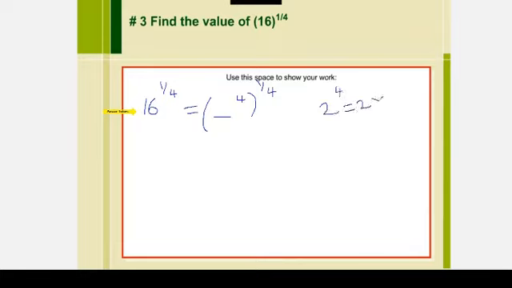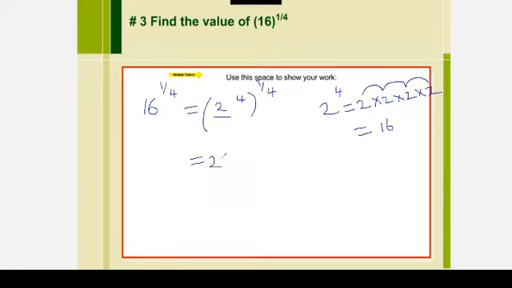Is it not? 2 times 2 times 2 times 2 is 16. 2 2s are 4, 4 2s are 8, 8 2s are 16. Now, the missing number is 2. So what did I do? I have rewritten the base with a power so that it matches the denominator of the fractional exponent. Then only it will give us the simplified version of the answer.